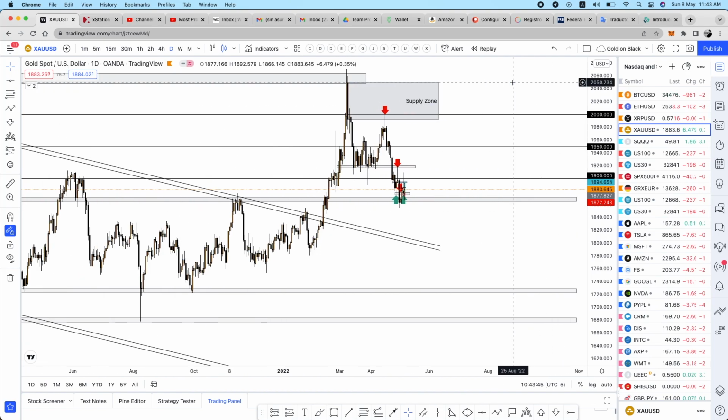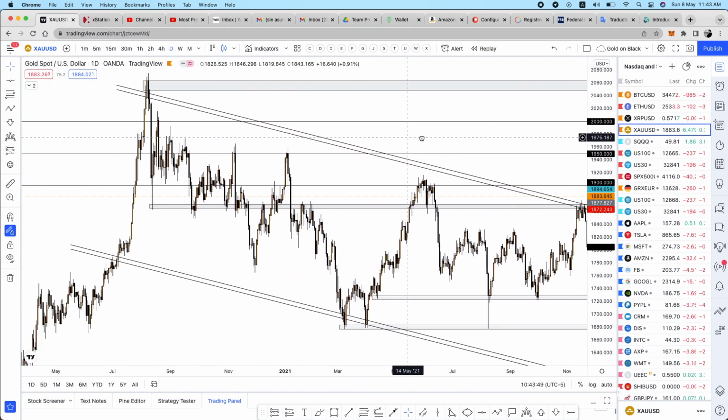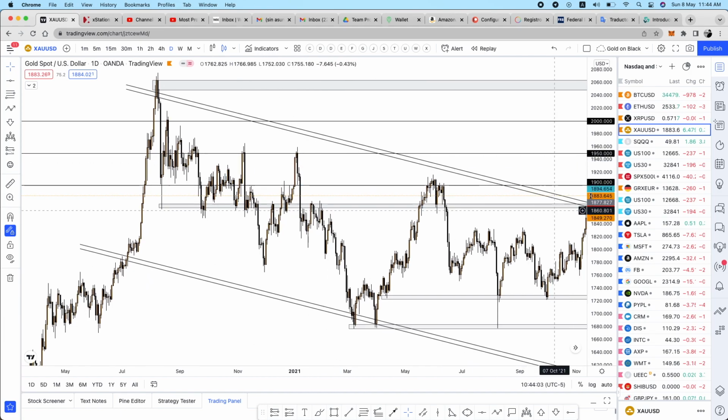All those areas are nice support and resistance, right? For example, the 1950 is a nice psychological level. The market did react right here, very nicely, doing that double top and then dropping. The 1900 is a very nice psychological level for gold because it does show reactions in there. It's been acting as support, resistance, and so on.